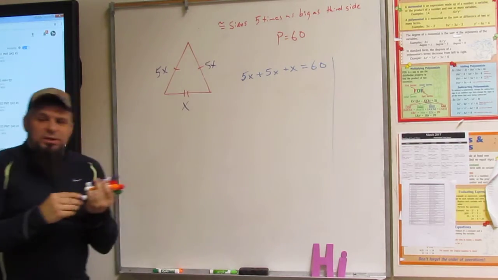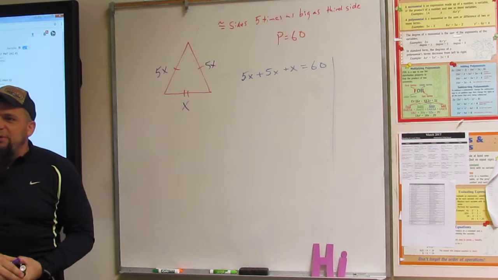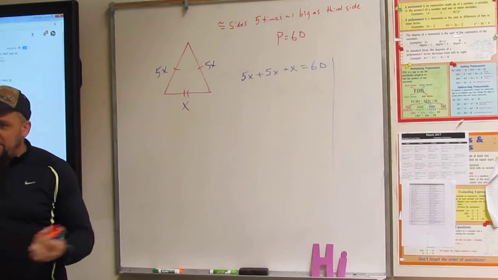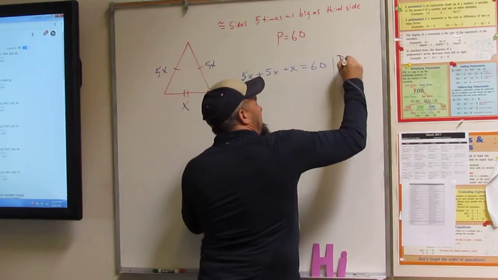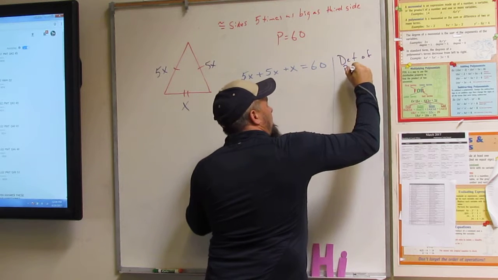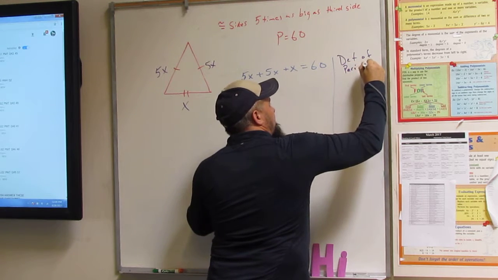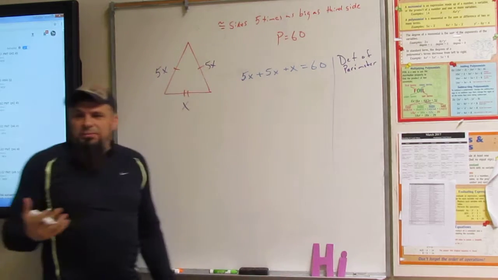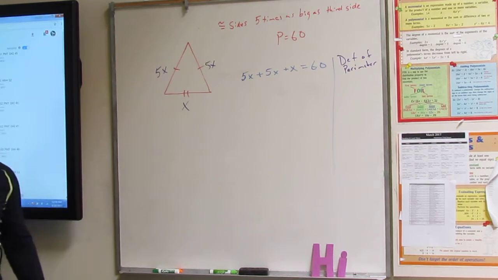And then we ask, how did we know that? We have the definition of perimeter. That's what it means. Perimeter means I add up all the sides.